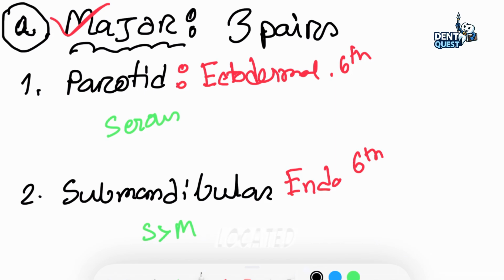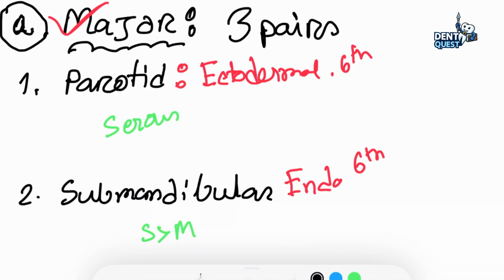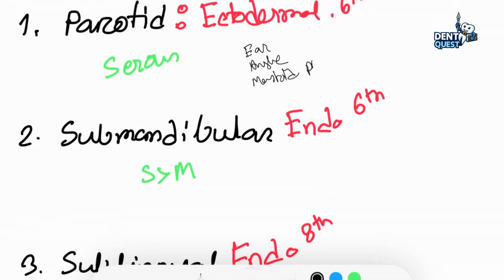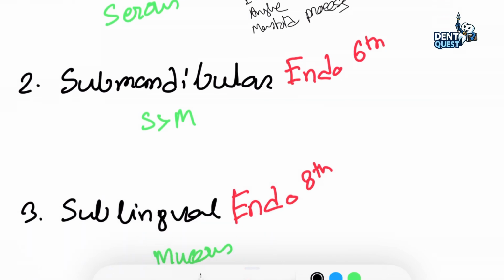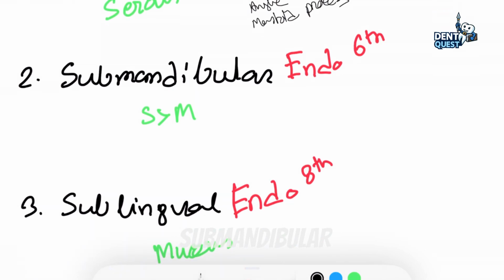The parotid gland is located in relation to the external ear, the angle of the mandible, and the mastoid process. The submandibular gland is located in the submandibular fossa, close to the angle of the mandible.